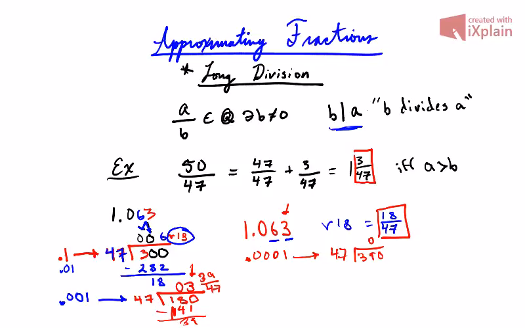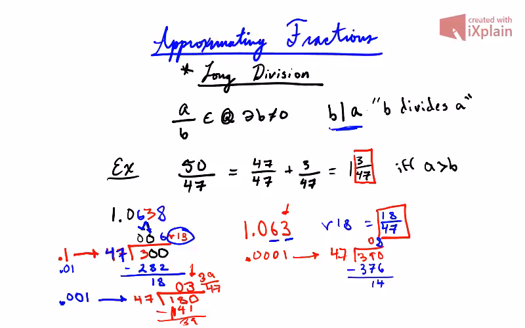Well, basically you ask yourself, what times 47 gives you something that's less than 390? 8. So let's plug in an 8. So 8 times 47 is what? 376. And that leaves you with 14 left over. So now you get an 8.